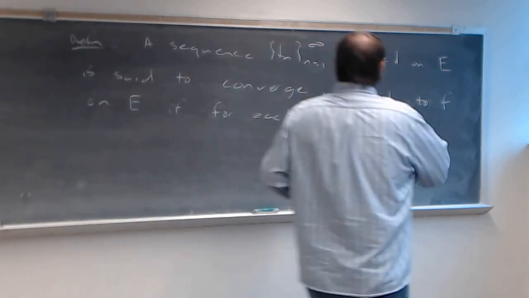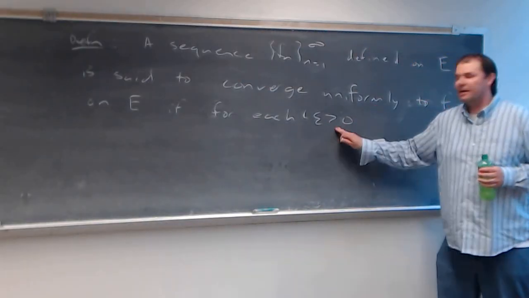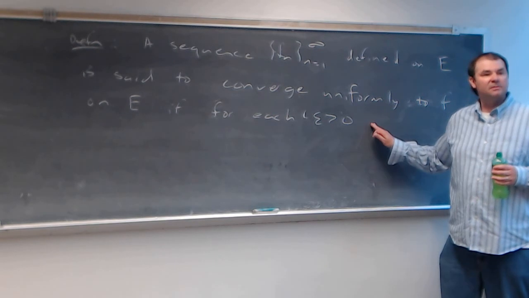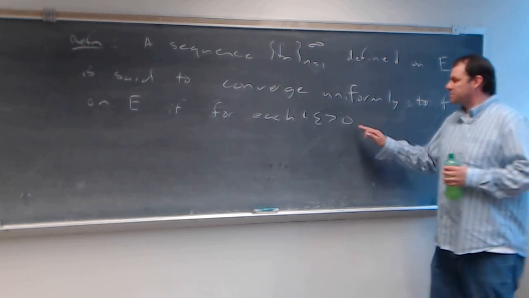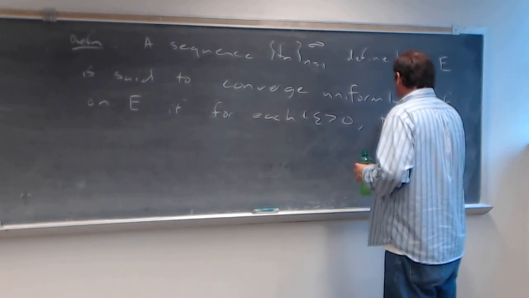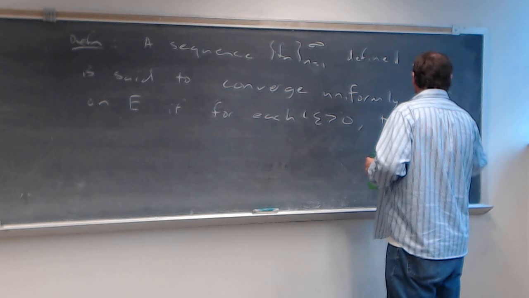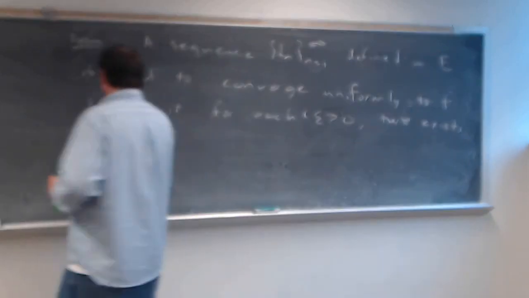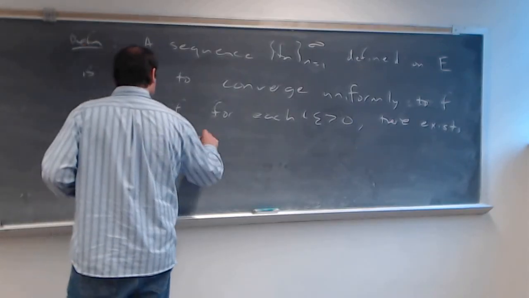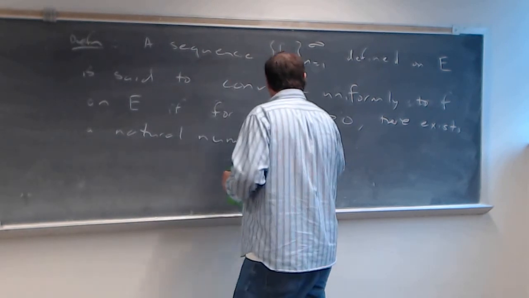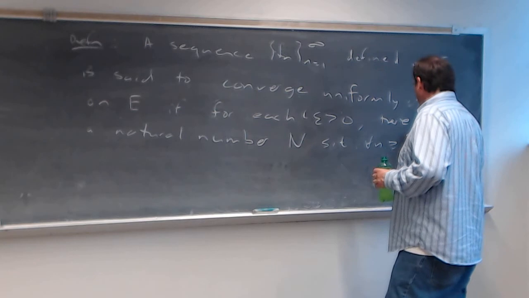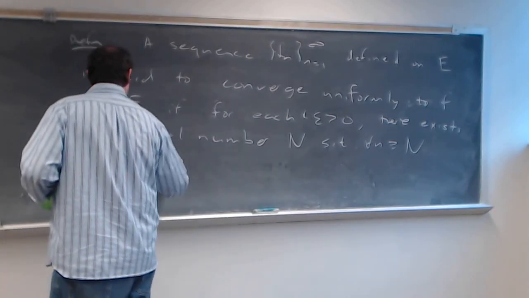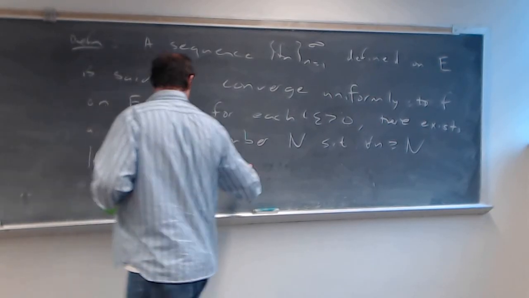In the definition for pointwise, I said for each epsilon greater than 0 and each x in E. I'm not going to write down each x in E. I'm going to say for each epsilon, there exists a natural number N such that for all n bigger than or equal to this big N, f sub n of x minus f of x will be less than epsilon.